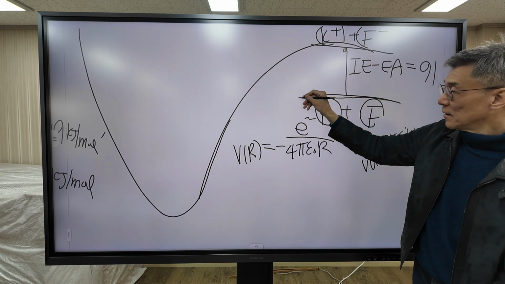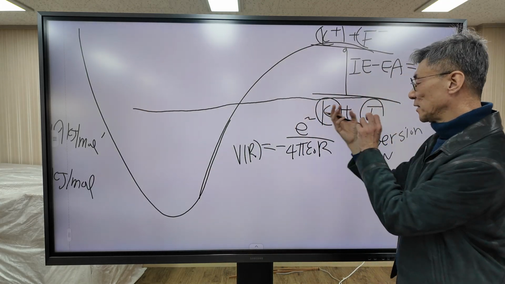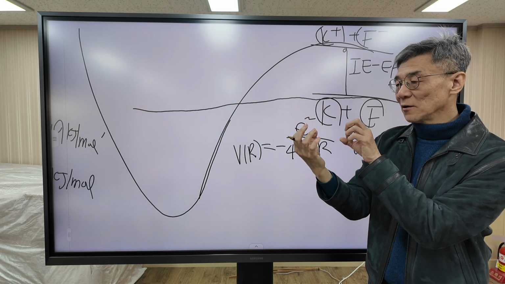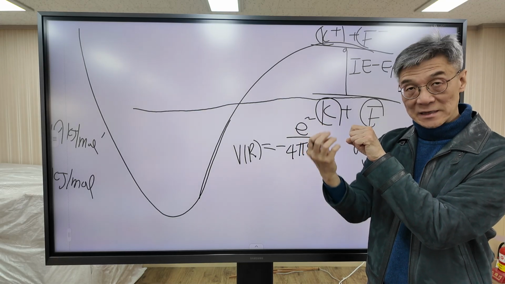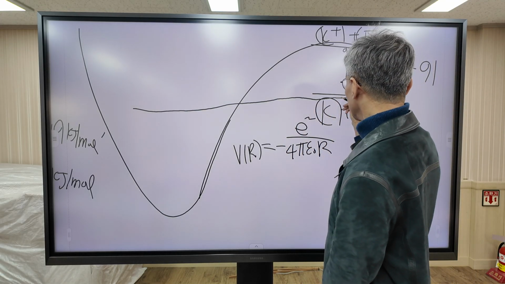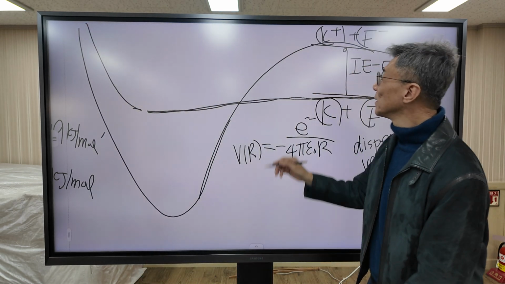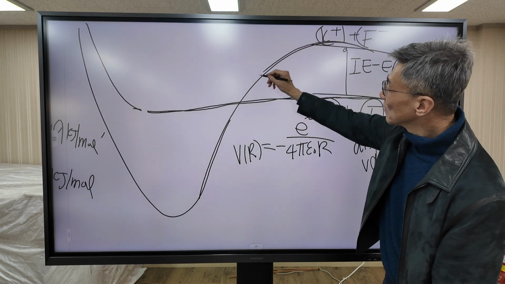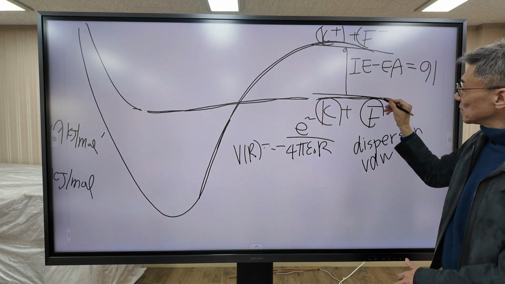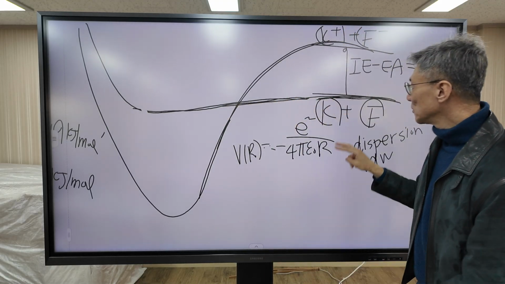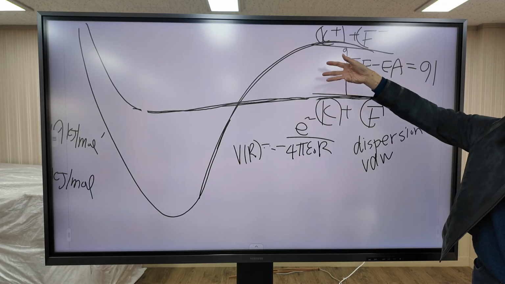But similarly, when the neutral atoms get close enough, the electron clouds collide with each other, so the potential energy increases. So the potential energy curve looks like this one. This potential curve corresponds to the ion pair. This potential curve corresponds to the neutral state. So we draw two potential curves, right?